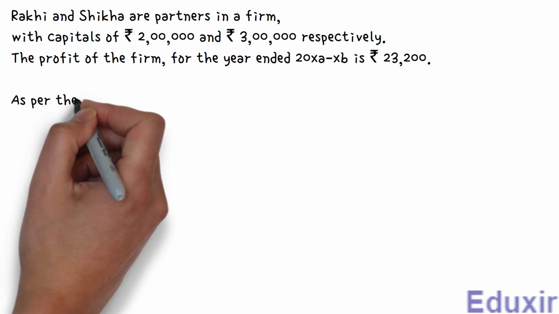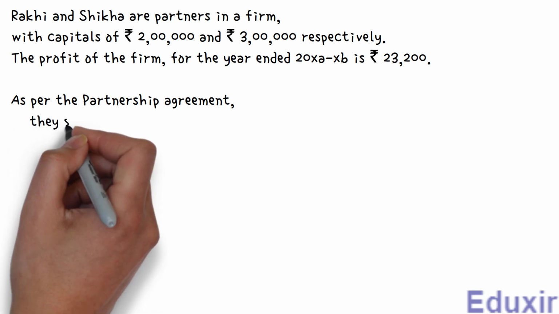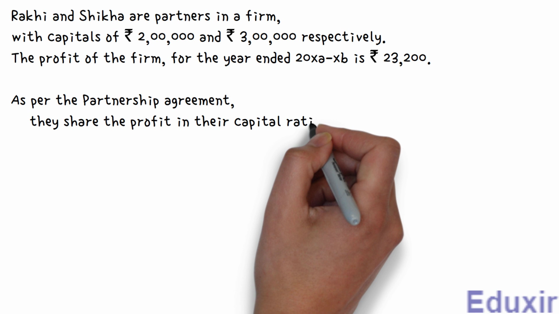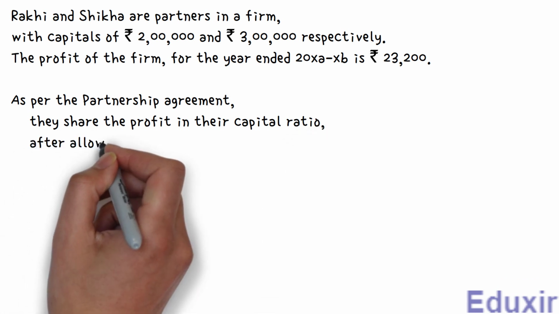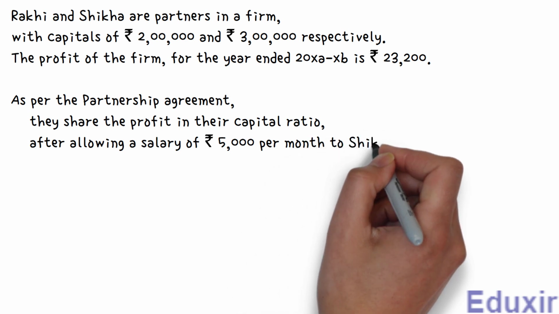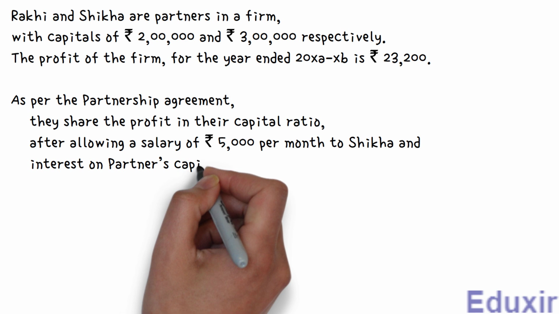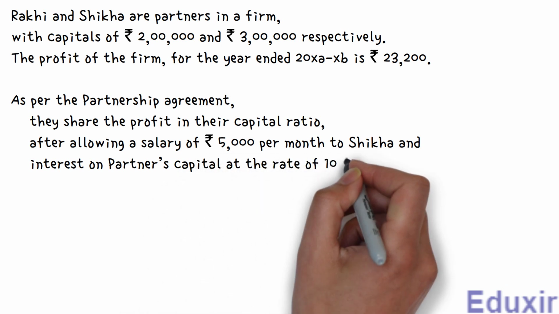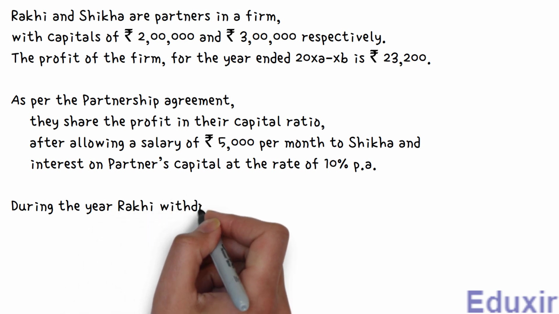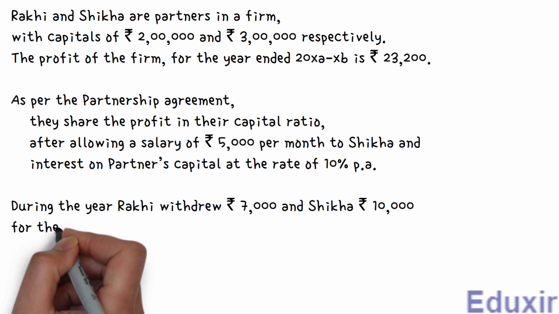As per the partnership agreement, they share the profit in their capital ratio. After allowing a salary of 5,000 rupees per month to Shikha and interest on partners' capital at the rate of 10% per annum. During the year, Rakhi withdrew 7,000 rupees and Shikha 10,000 rupees for their personal use.